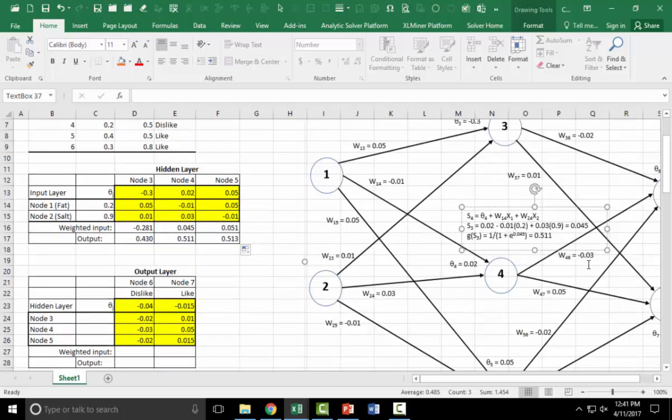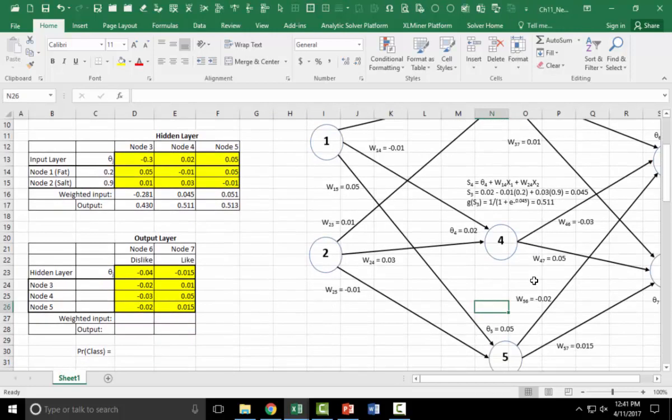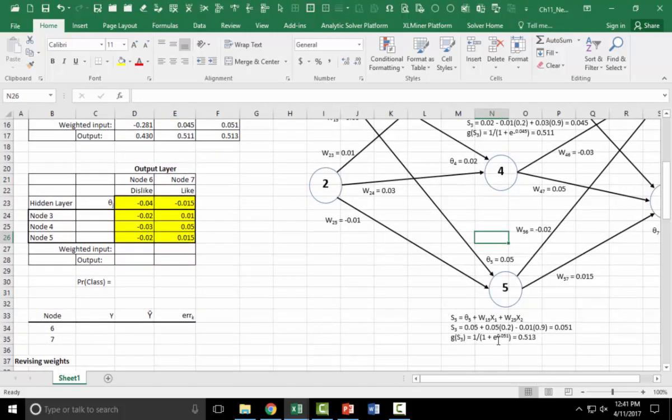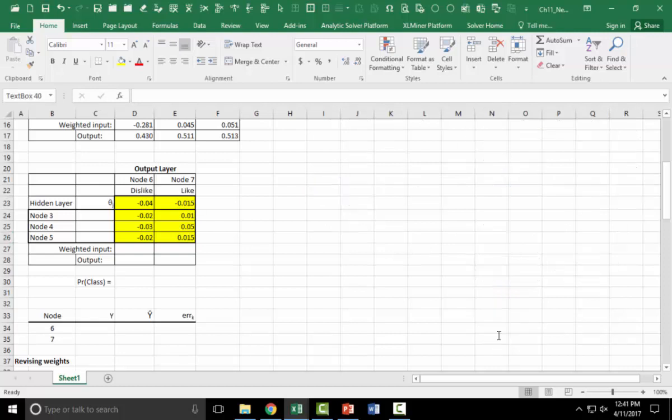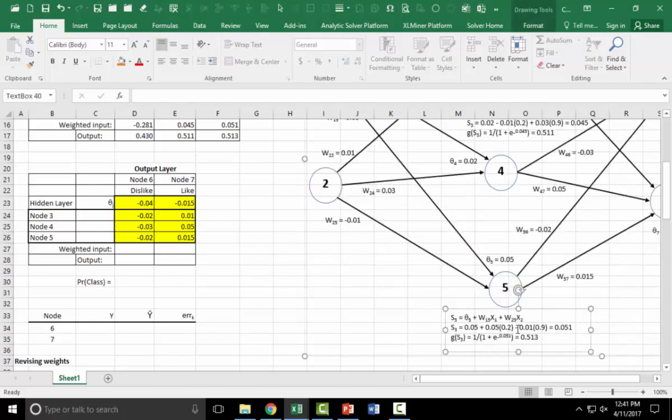So this one should be minus and the output value is correct, and here again this should be minus and the output value is correct.